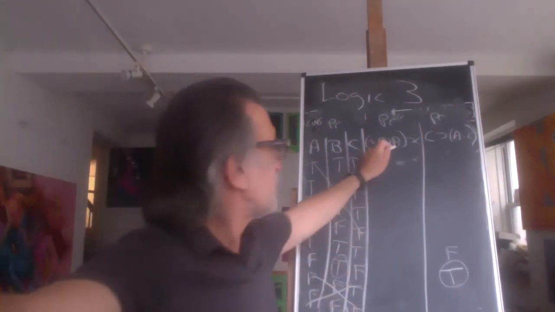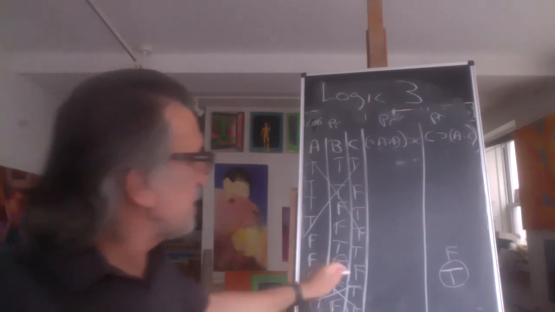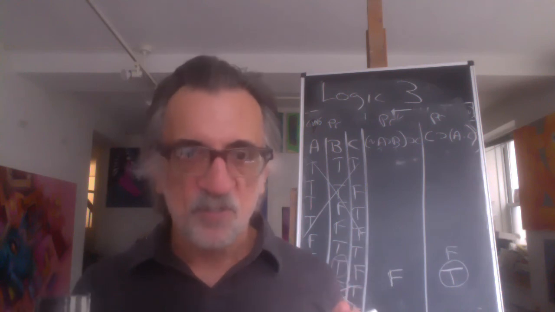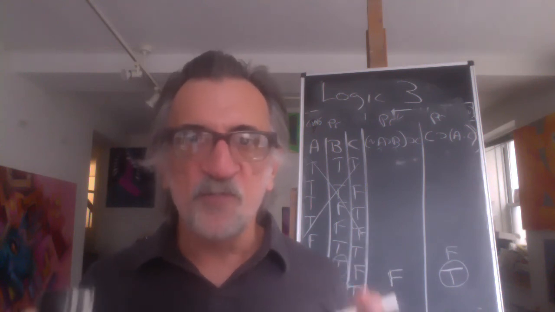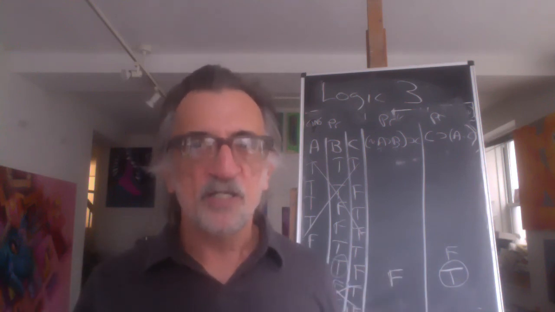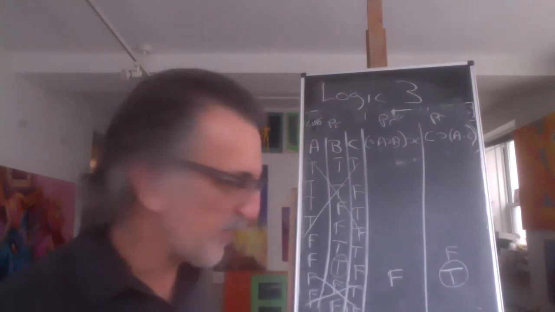B is true, so that's a true antecedent. And C is false, so this premise is false. That means we don't have a single row of the truth table in which all the premises are true, yet the conclusion is false, which is to say, just a shorter way of saying the same thing, this argument has no counterexamples, which is to say, more briefly yet, the argument is valid.